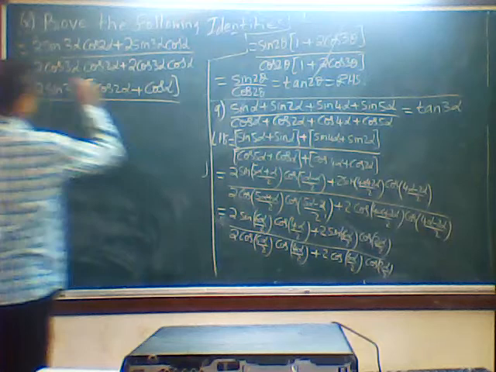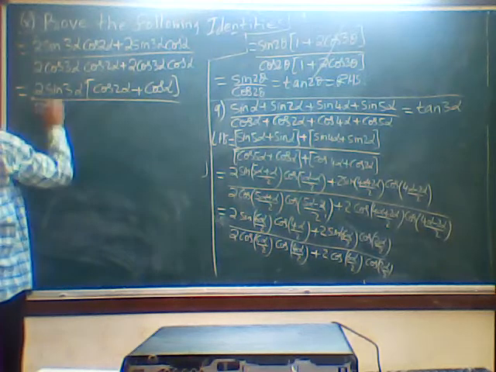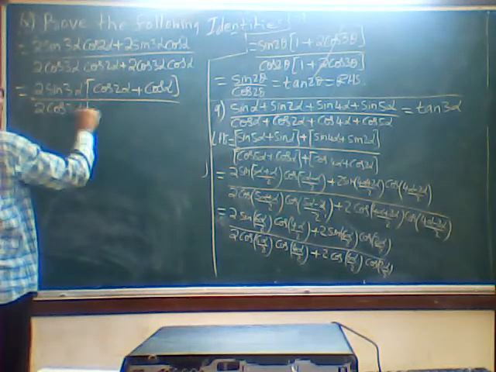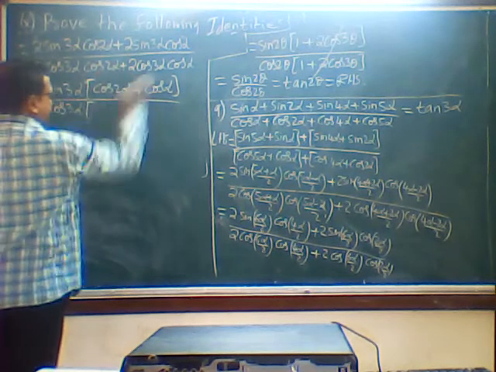Same way the denominator, I take 2 cos 3 alpha common. I am left with cos 2 alpha plus cos alpha.